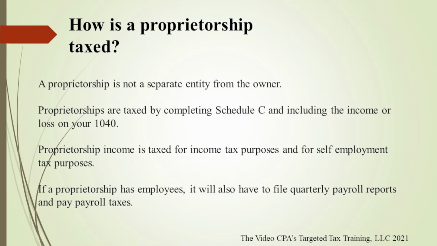But there are 2 types of taxes that are due on a proprietorship. One is income tax, and the other is what's called self-employment tax. I do have a video on self-employment tax that will talk a little bit more about it. But self-employment tax is basically Social Security for an individual that's self-employed.